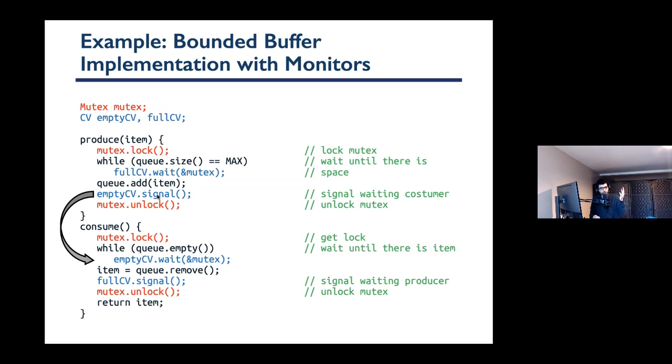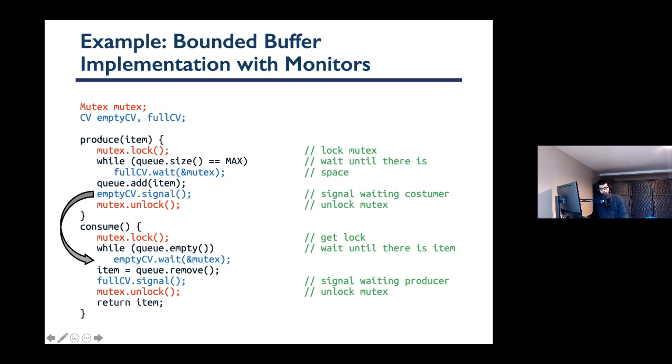It's not first come, first served. So let's say multiple consumers are waiting. The queue was empty, so we call consume 10 times, and now 10 threads that called consume are put to sleep and waiting here.